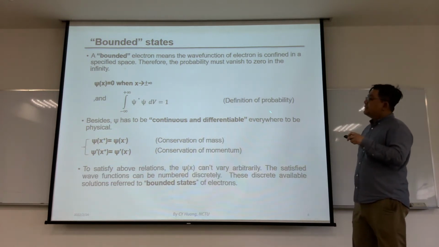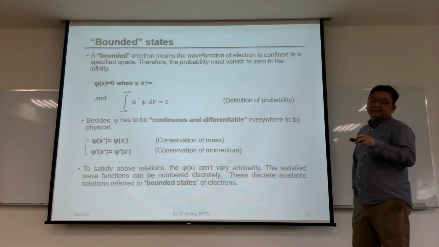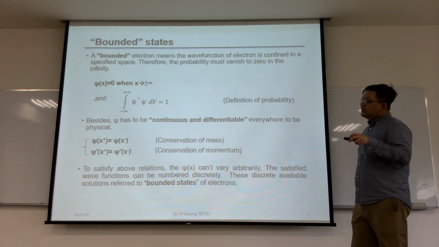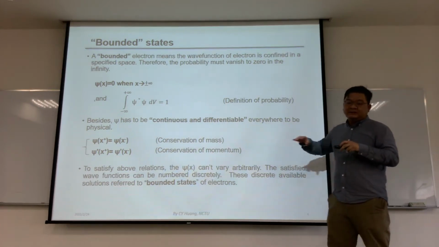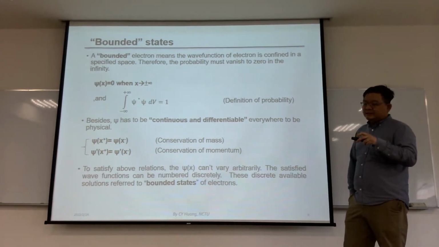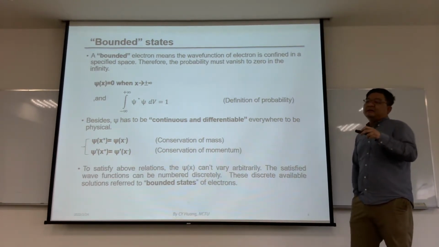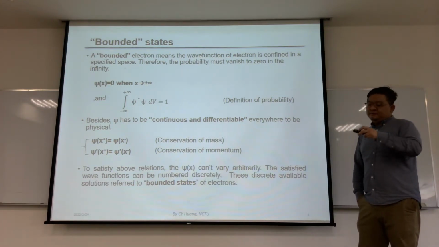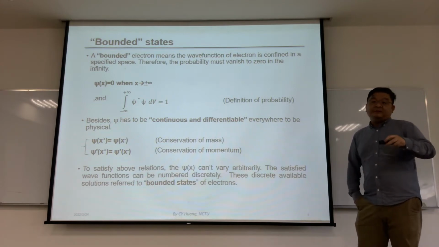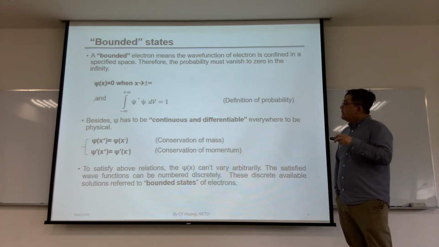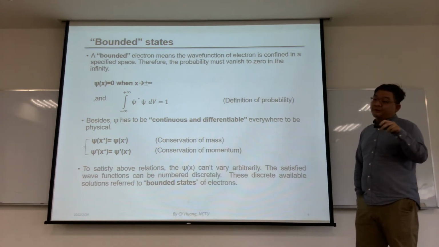So if a wave function has the property that its conjugate times itself integrated over all space is a finite value, at the beginning probably not 1, but after normalization it will definitely go to 1. So if the wave function is bounded, that means you can do an integral, and the final integral is a certain value, not infinity. Then we call it a bound state. So this is the first boundary condition while you're finding its wave functions.